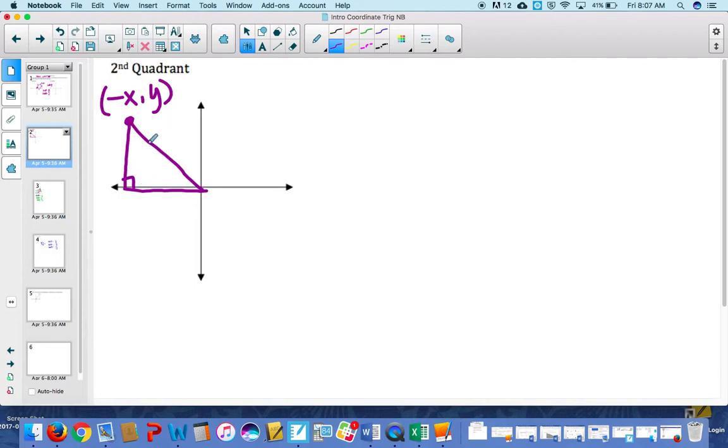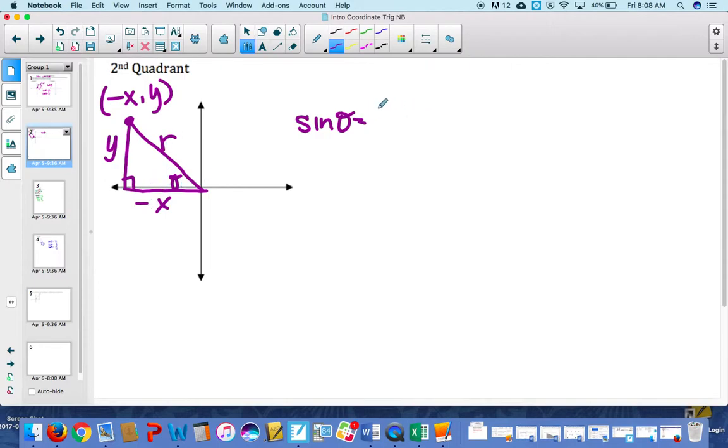And so now let's label this triangle. This side y is going to be positive, x is going to be negative x, r, and again still this unknown theta. So the sine of theta, from theta, y is opposite, r is the hypotenuse, and x is the adjacent piece.